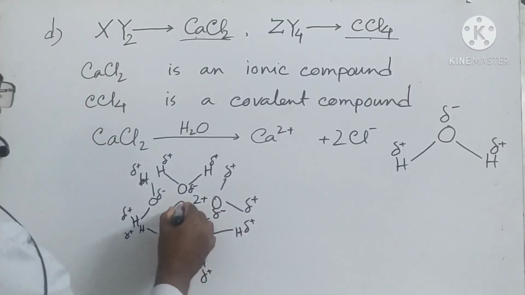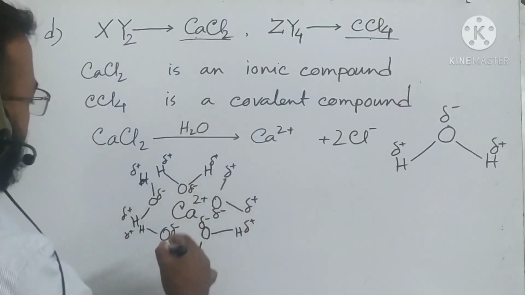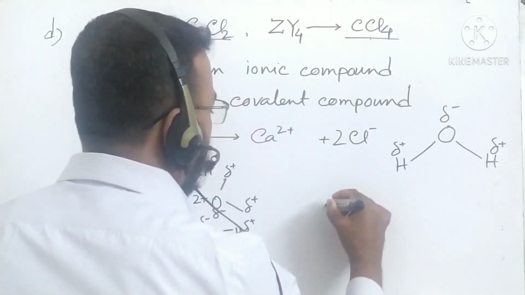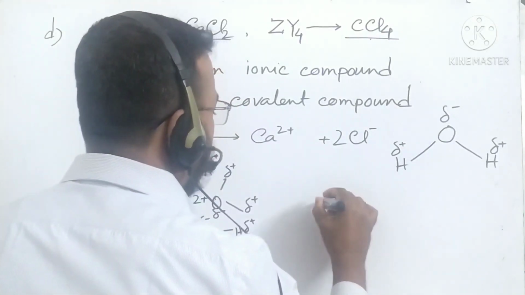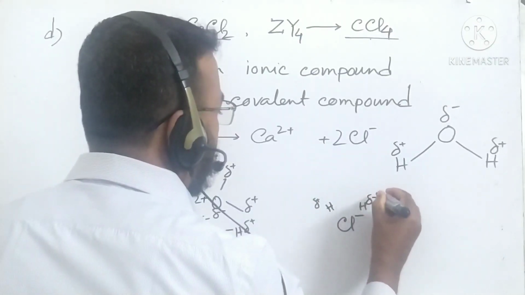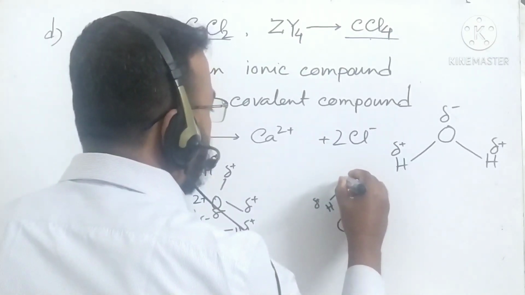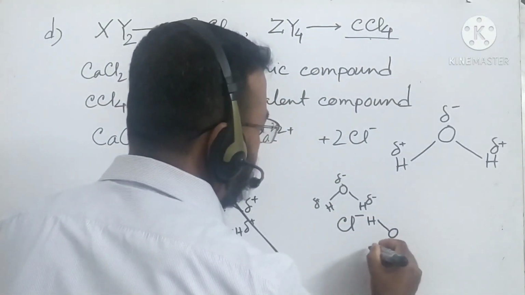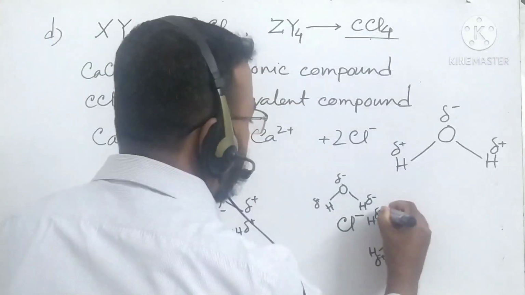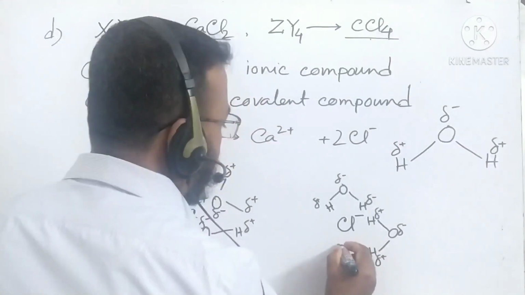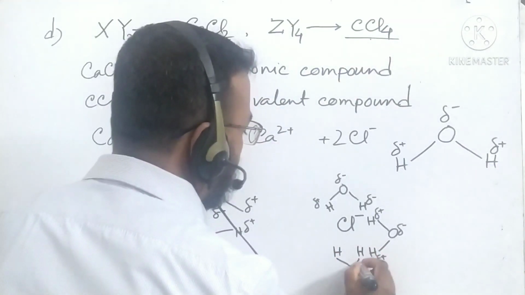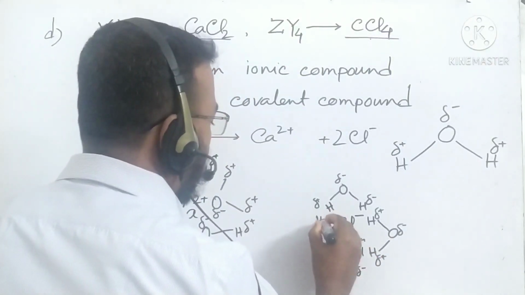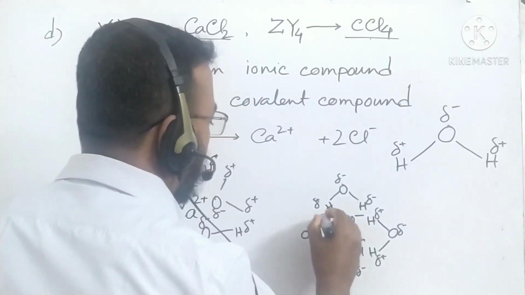So this way the calcium is positive, and the negative part of the water will accumulate around the calcium. Then for the chloride ion, the positive part of water will come, then it is delta minus, then hydrogen, delta plus, delta minus, then oxygen, hydrogen, this is another water molecule.